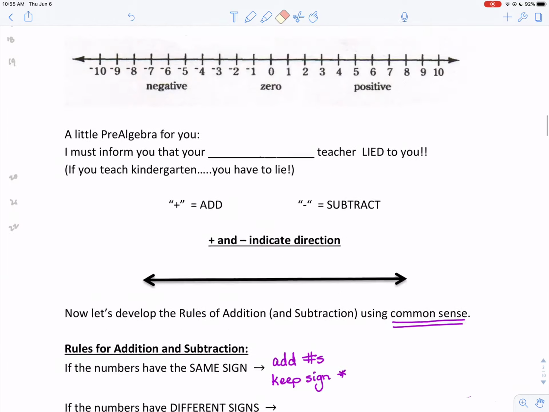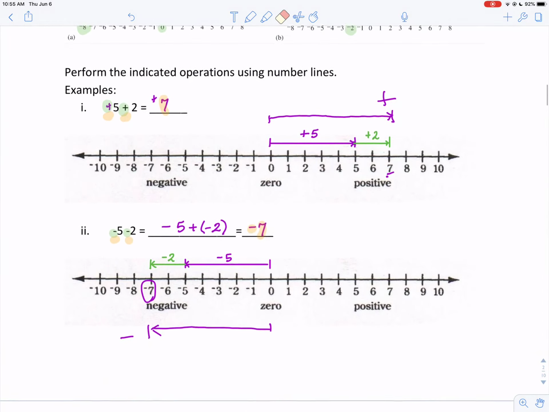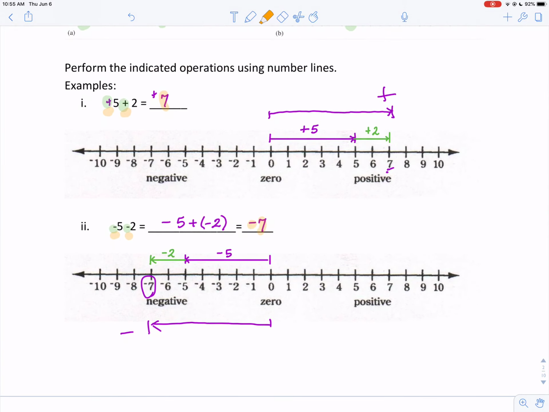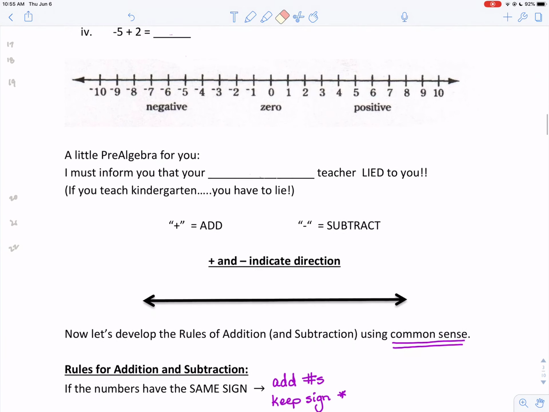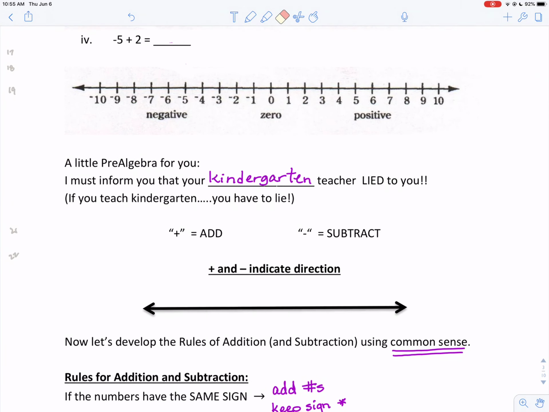Now notice that we added in this problem even though there were 2 minuses. So I have to inform you, and it's very sad, but I have to inform you that your kindergarten teacher lied to you. In kindergarten, you were taught that plus meant add and minus meant subtract.